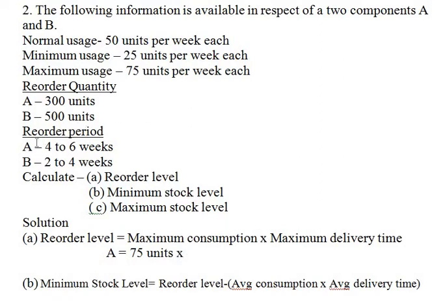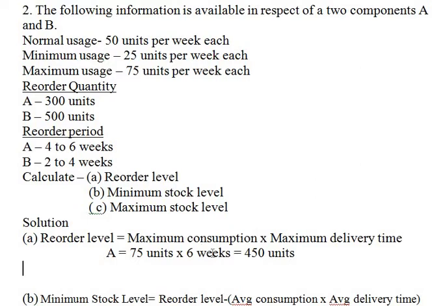Maximum delivery time, that is reorder period, they have given. Now we are calculating it for A. So A minimum is 4 and maximum is 6 weeks. So here maximum is 6 weeks. Calculate this, that is 450 units.